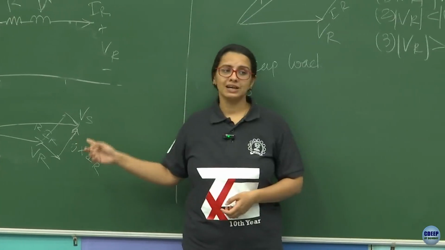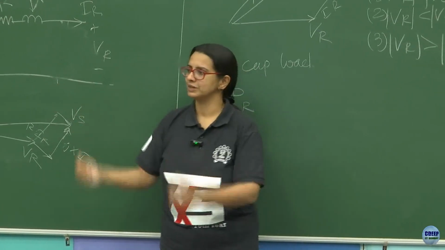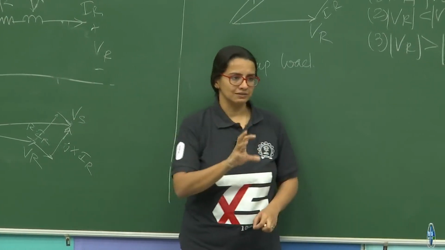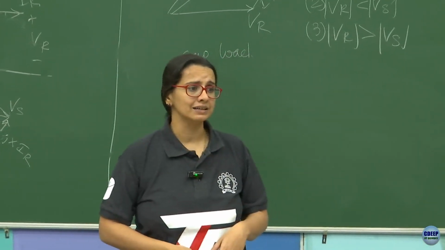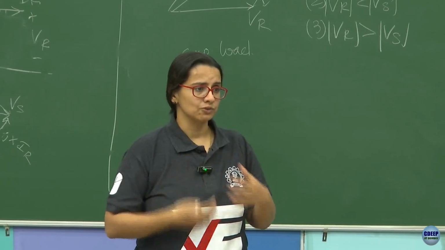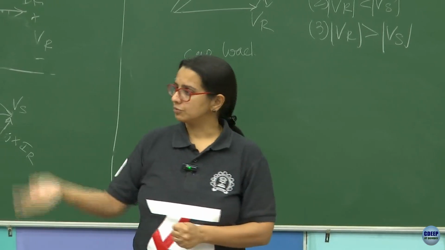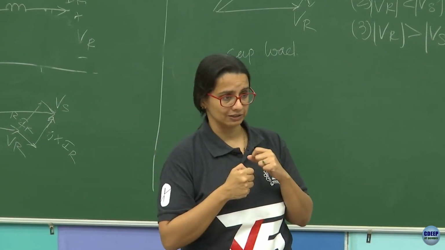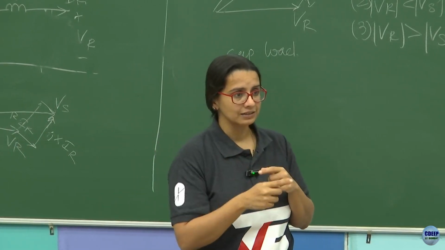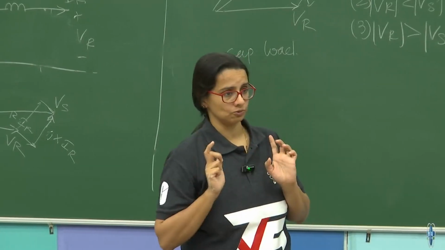Why? Because for Vr I could put in a capacitor and make sure my voltage is improved. I could regulate my voltage. Likewise, at the sending end, that's my control again. I could make sure my generator provides a voltage of sufficient quantity. So these are quantities I can control. IR is something you as a consumer will control, correct?